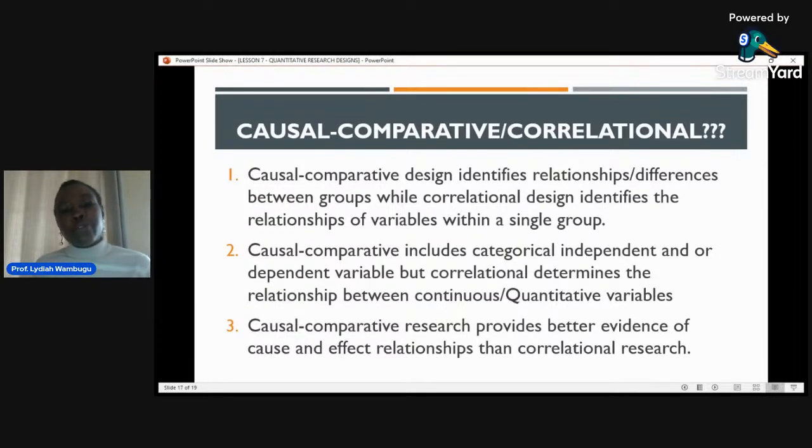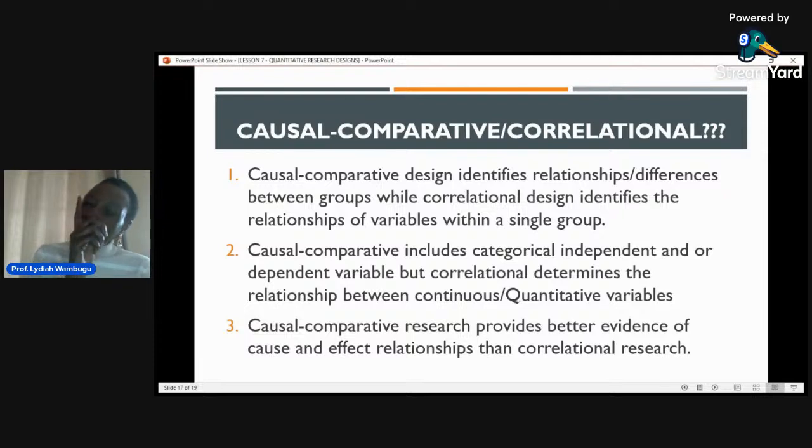There are people who confuse causal comparative with correlational because of the issue of comparing. Are they the same? No, they are not the same. Remember, correlational is a correlational survey that identifies the relationship between variables, but causal comparative identifies the relationship between groups.